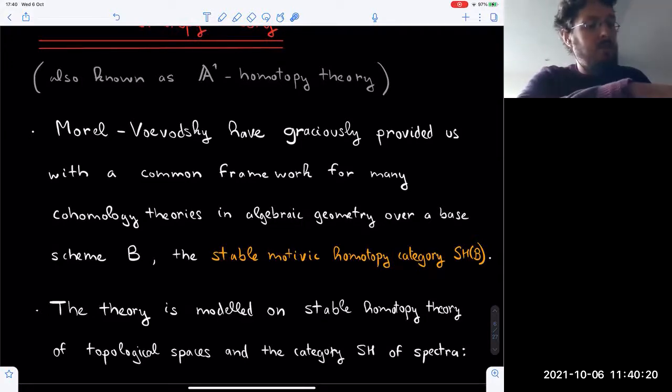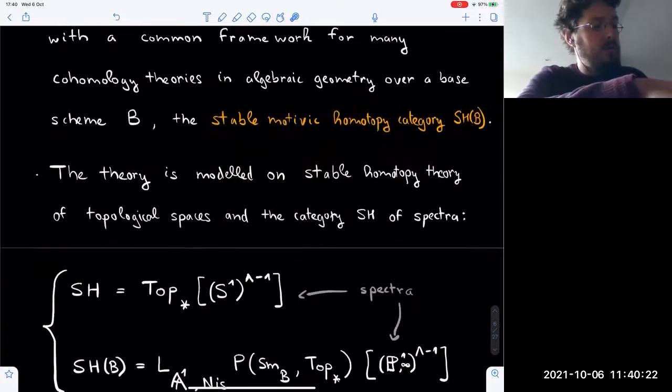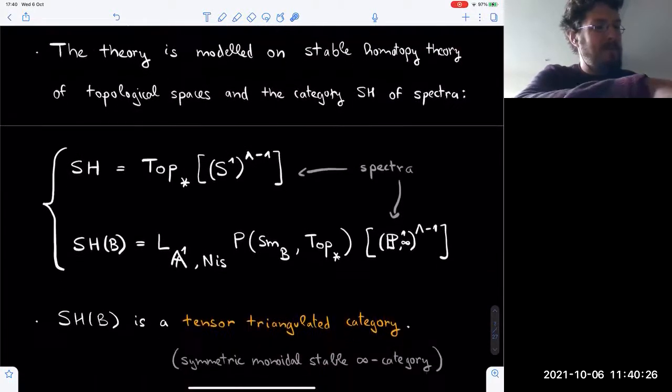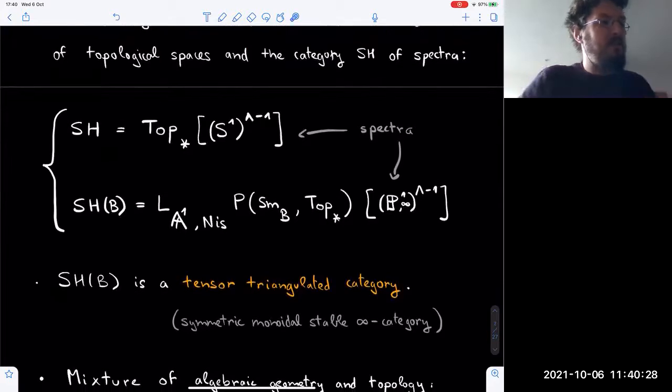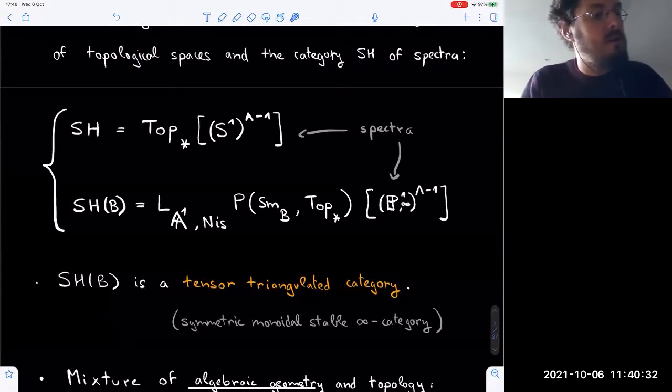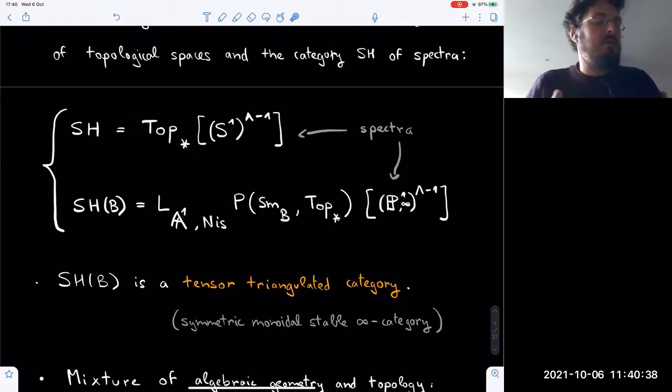I'm not really going to give you the definition. I can just give you a cartoon definition, which is maybe only useful if you've seen it before, but this at least suggests what the ingredients are. So in the topological setting, if you've seen this construction of spectra, you start with the category of pointed topological spaces.